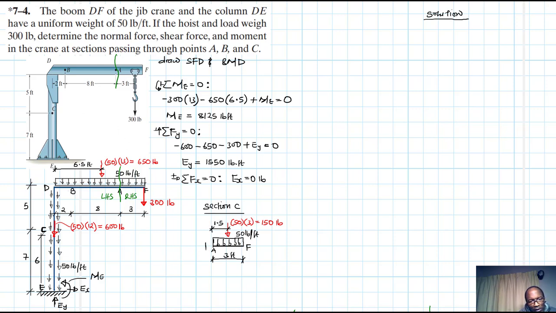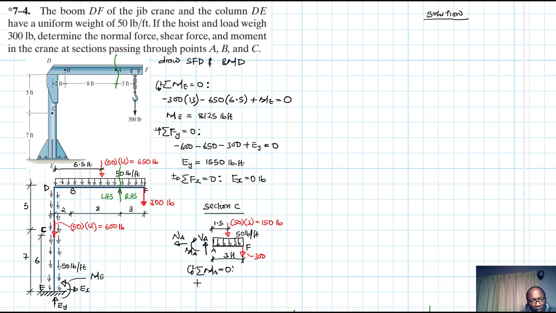Okay, so here we expect a shear force VA, and a moment MA, and a normal force NA, right? So let's apply the equations of equilibrium. So we say summation of moments about point A equal to 0, and clockwise being our reference. What do we have? I forgot also to indicate here, we're going to have this load, which is a 300.